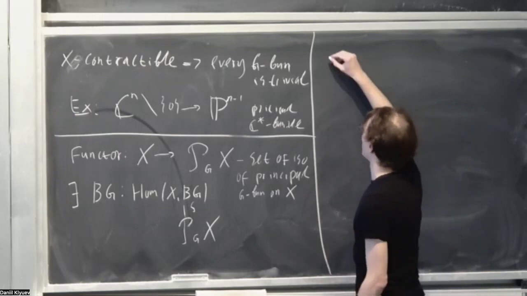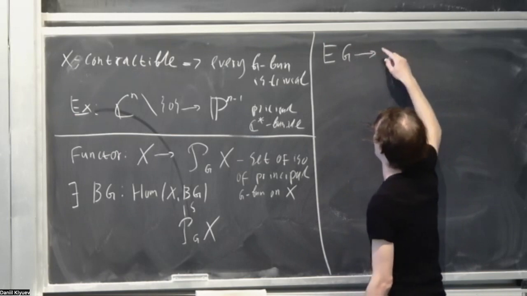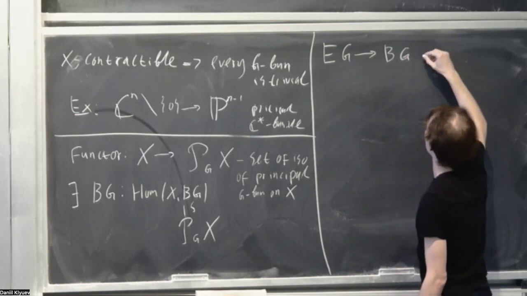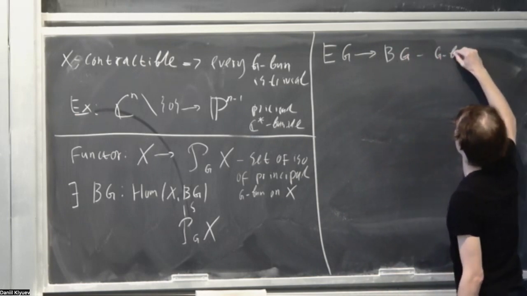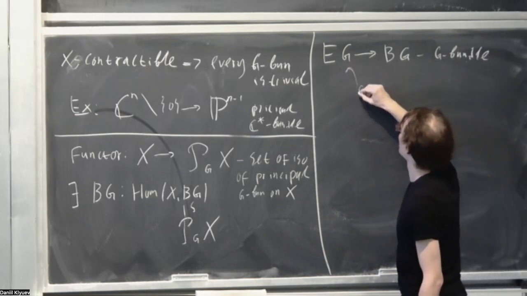So this BG comes with a universal bundle, EG to BG, it's a G bundle, and EG is contractible.